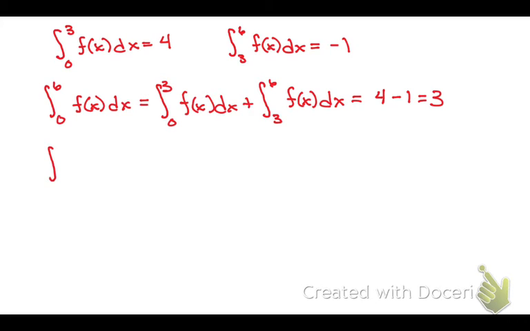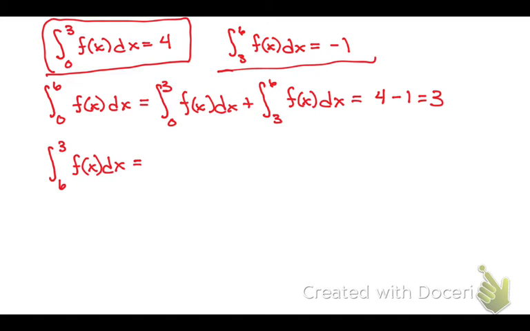So from 6 to 3 of f of x dx. I'll underline these so we know what we're using. Well, guys, this is from 6 to 3. Are we supposed to write it that way? No. We're supposed to write it from smallest to largest.